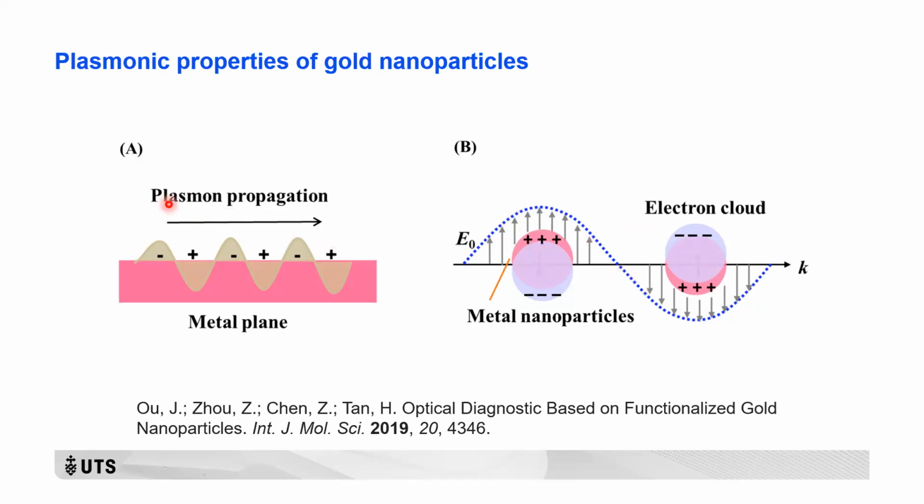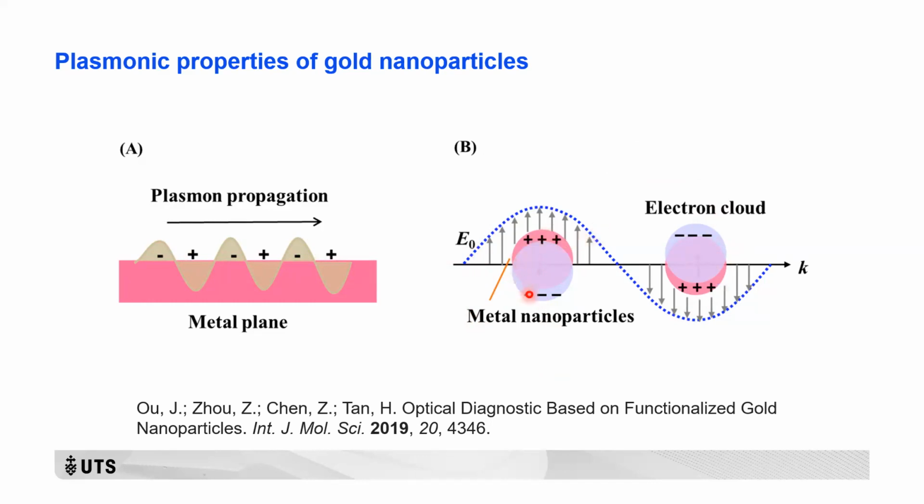So I talked about how there are two types of surface plasmon resonance. One is the propagation mode, mainly on the metal film, and the plasmonic property of a golden nanoparticle or golden nanoshell is related to its localized surface plasmon resonance.